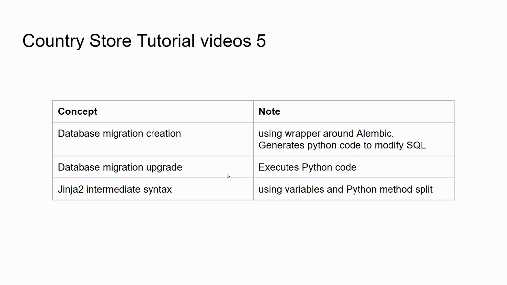There's a database migration upgrade step, which then runs the Python code and actually creates or modifies the tables in the SQL database. We also touched on Jinja 2 intermediate syntax using variables, including the Python method split, so split on period.